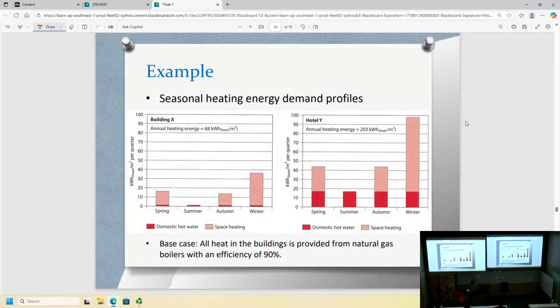So let's say some more assumptions. For building X, the annual heating energy requirement is 68 kilowatt hour of heat per square meter. And for hotel Y, because of its function, it needs more heating for the water and for the space heating, and the value is larger: 203 kilowatt hour per square meter.